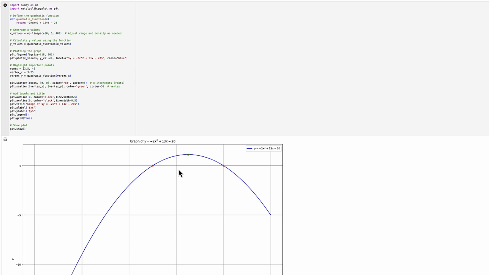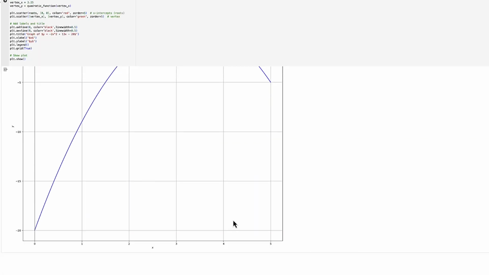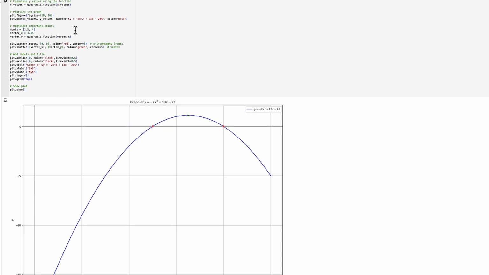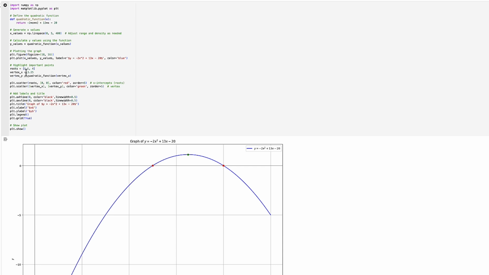So it's kind of zoomed in a little bit, and you can see it's pointing down right here. And this goes from 0 to almost 5, it looks like. And if we look over here, does it tell us how it's plotting? Vertex, 0 to 0. Nope, it's not.